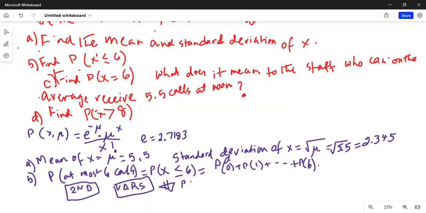So we scroll down to Poisson CDF and hit enter.